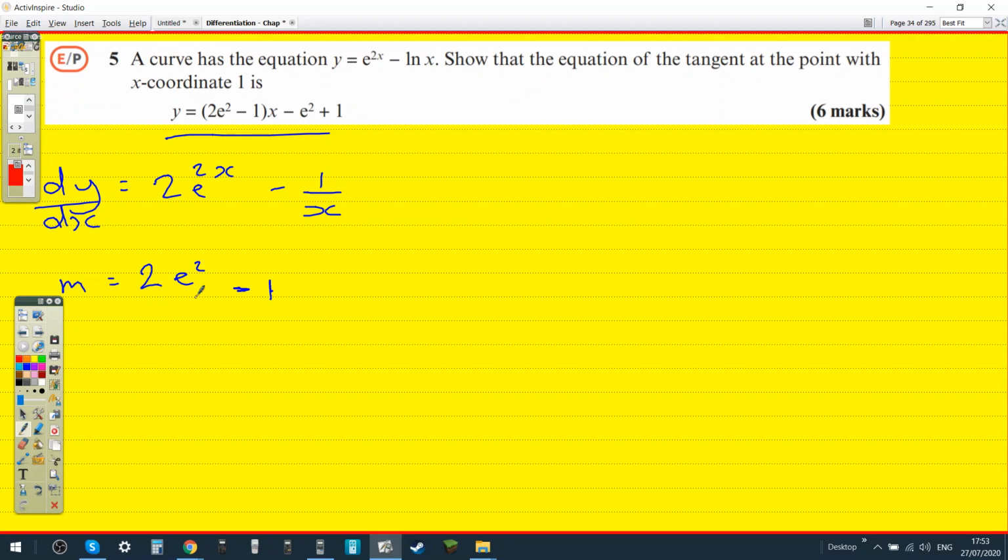So you just have to find the plus c, if you prefer that way. So y is e squared. So that would just be c is equal to e squared minus 2e squared minus 1.